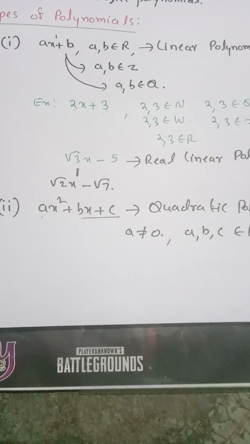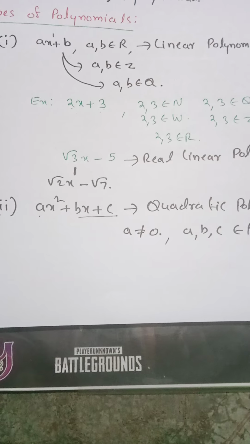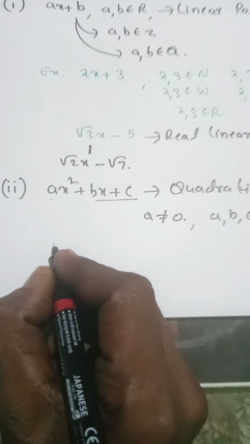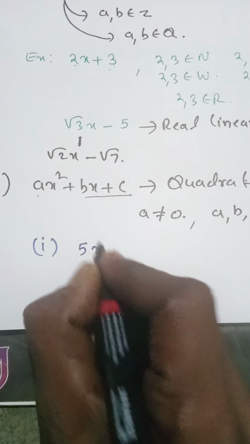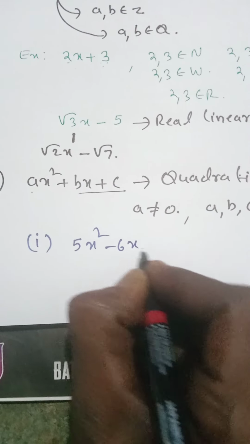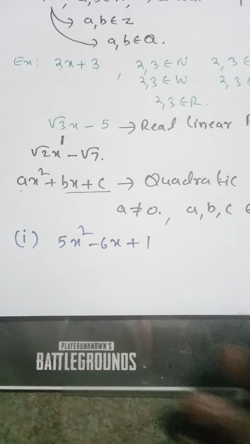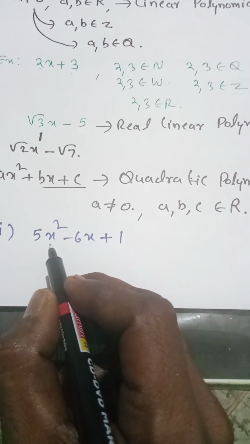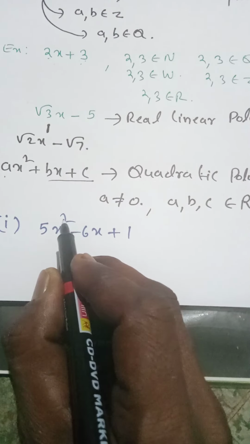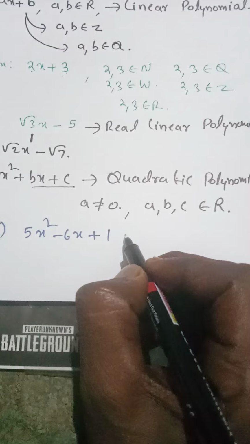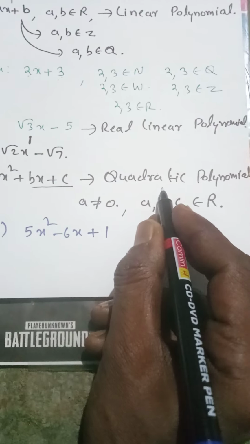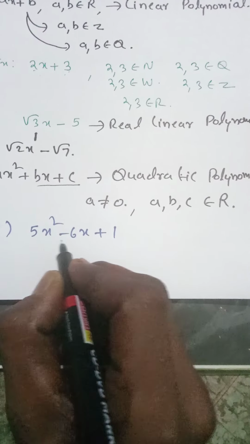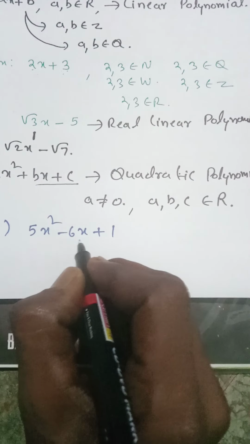So you can give an example of this quadratic polynomial like this. If I write 5x square minus 6x plus 1, you can see very well the highest degree of its various terms is 2. That's why it is a quadratic polynomial. And how do you name this quadratic polynomial? Here 5, minus 6, plus 1 are integers.